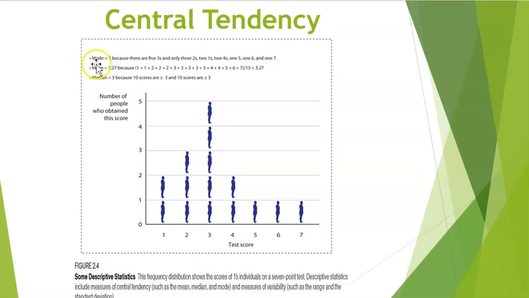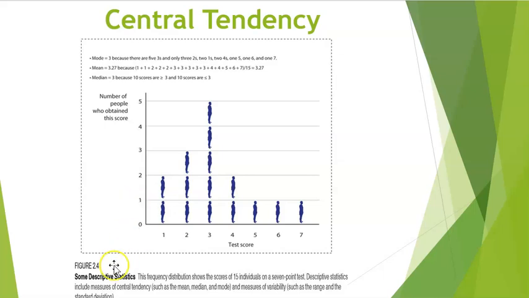For the mode, remember mode is which score or which value is represented the most. Here, that would be 3, because more people scored 3 than any other score.